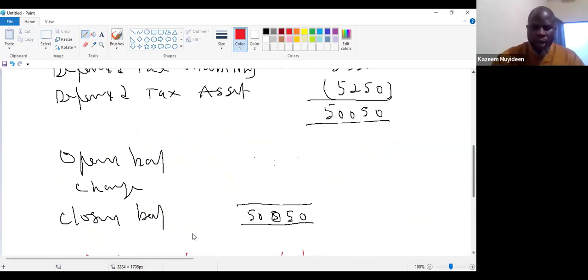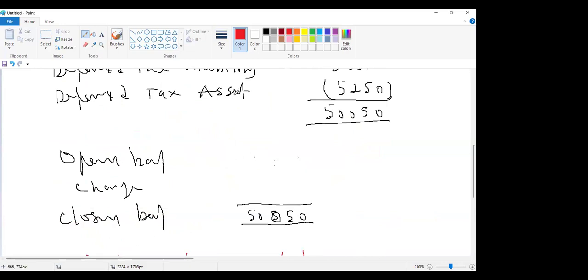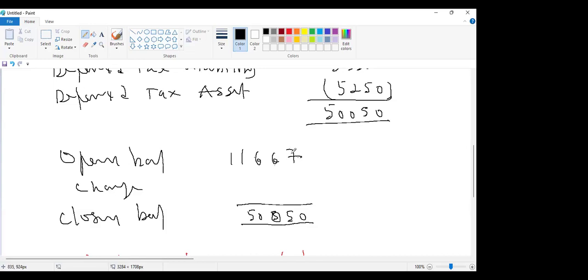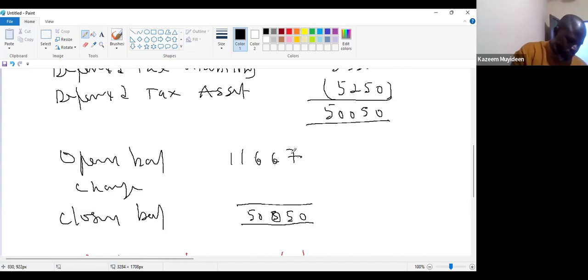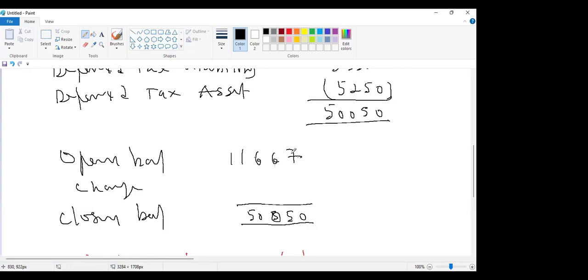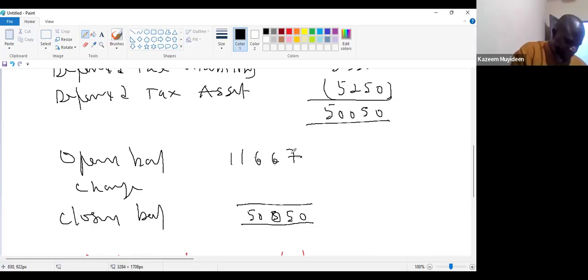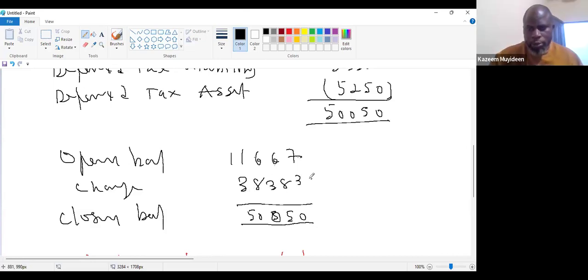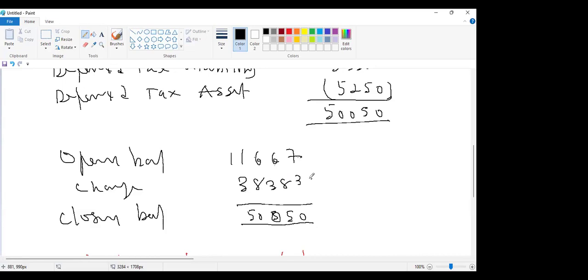So the opening balance here will now be 11,667. The difference now, 50,050 minus 11,667, gives me 38,383. That's all.